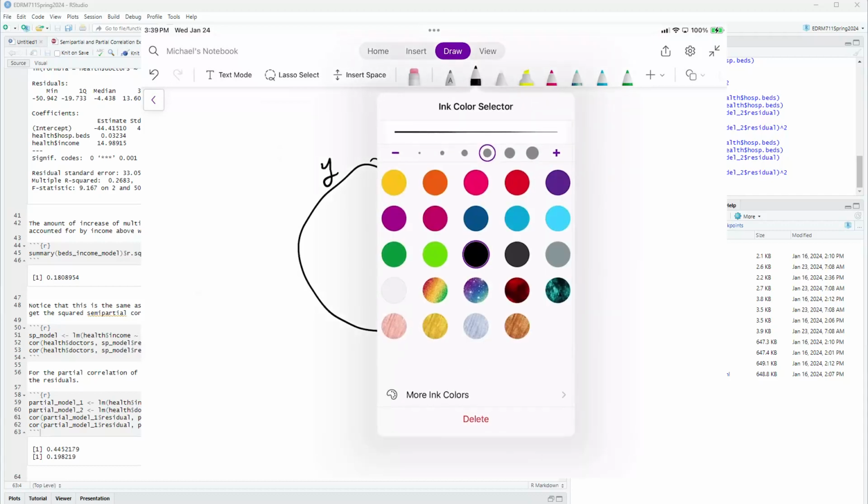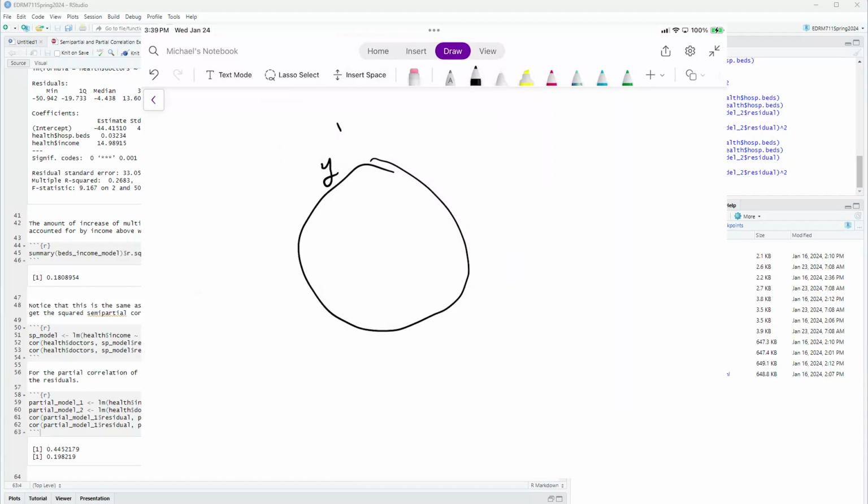And we have this variable that's extremely correlated with y. It's accounting for almost all the variation in y. So we'll call that x1.